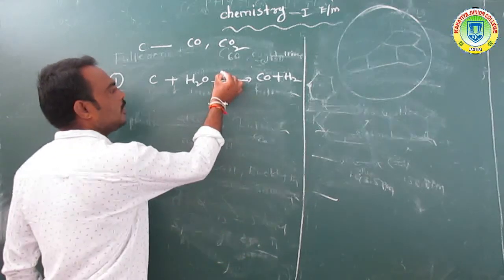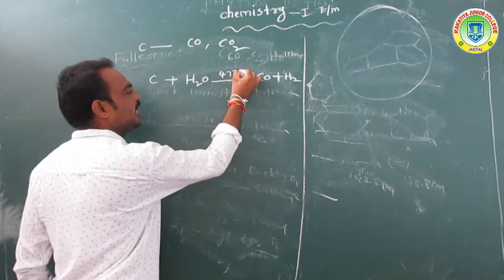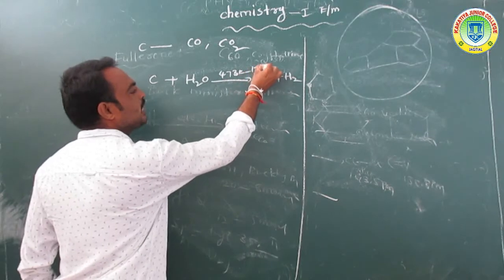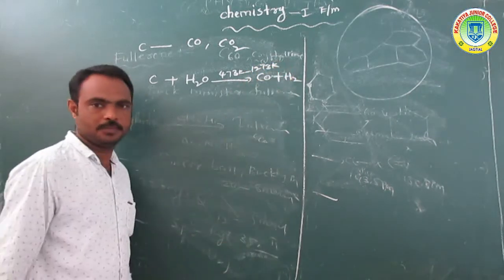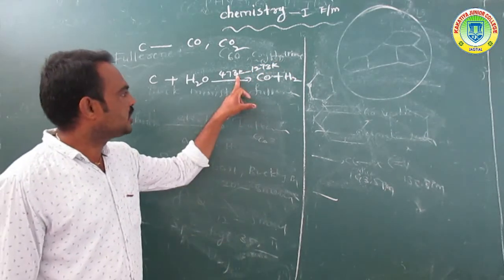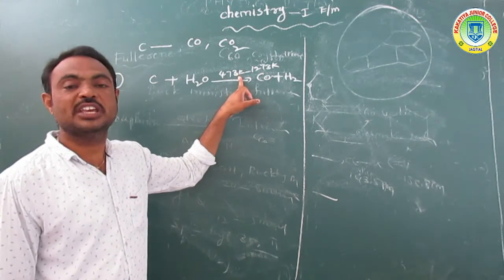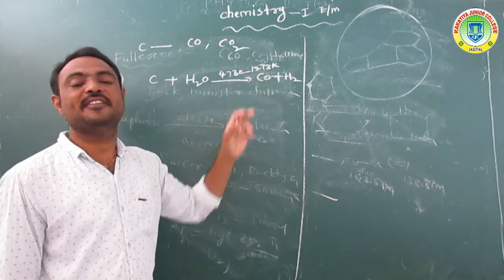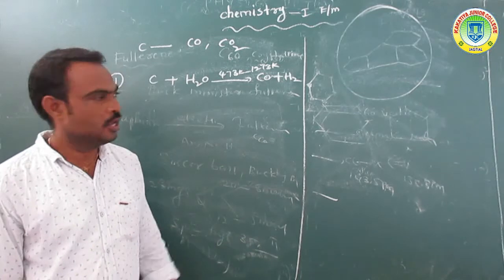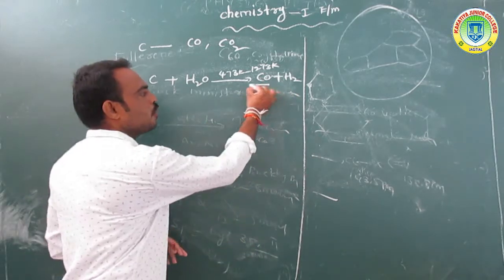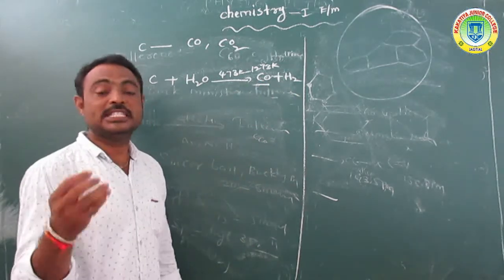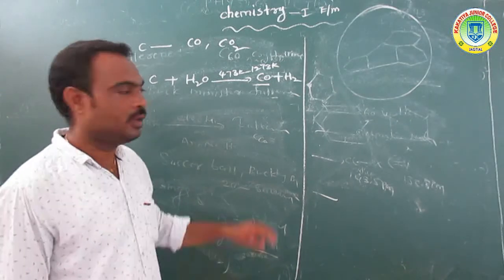In this reaction we have used a temperature of 473 Kelvin to 1273 Kelvin. How much temperature? 473 to 1273 Kelvin. So it is the preparation of carbon monoxide. What is the preparation of carbon monoxide?